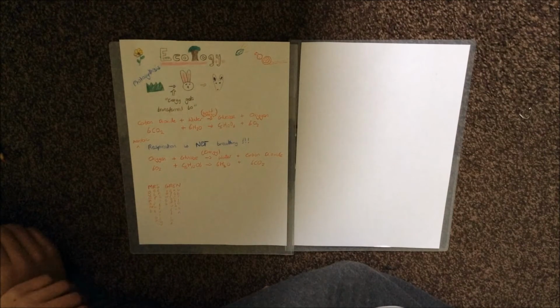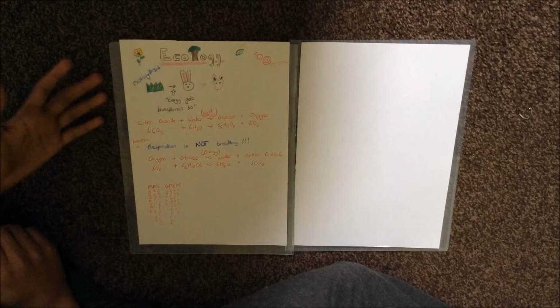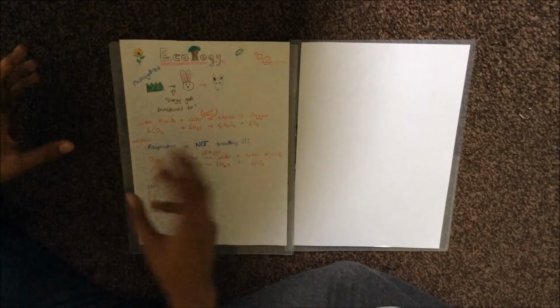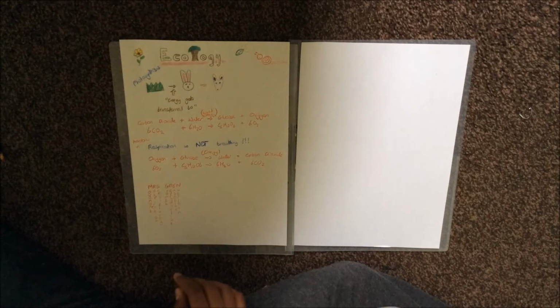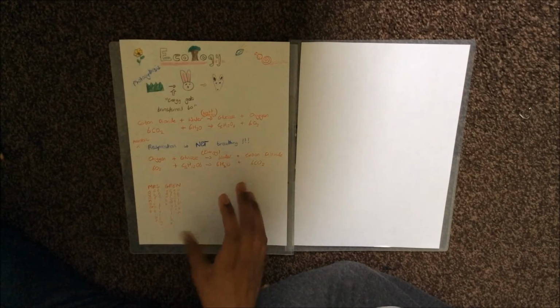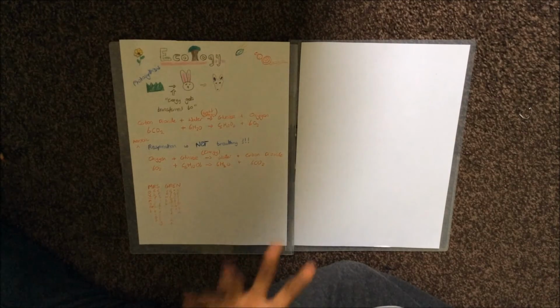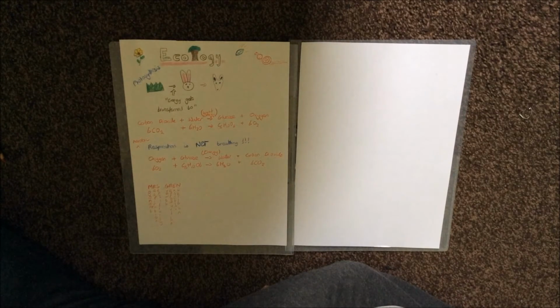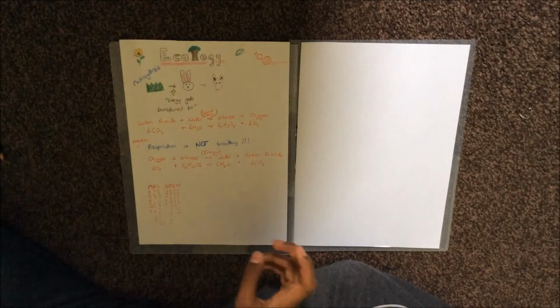Now, when we look at an ecology like this, where we have many different organisms living in a similar habitat, what we often do is make pyramids of biomass and number, and these are two pyramids where we can have a look at how the organisms relate to each other, not so much in terms of how big an impact they have, but how many there are, as well as how much there is, so to say.